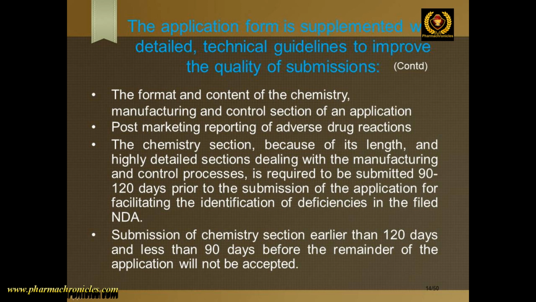The chemistry section, because of its length and highly detailed sections dealing with the manufacturing and control processes, is required to be submitted 90 to 120 days prior to the submission of the application, to facilitate the identification of deficiencies in the filed NDA. Submission of the chemistry section earlier than 120 days or less than 90 days before the remainder of the application will not be accepted.